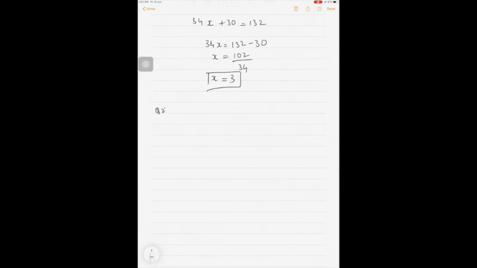Let's solve the next question. Solve the simultaneous equations and find the value of x and y.